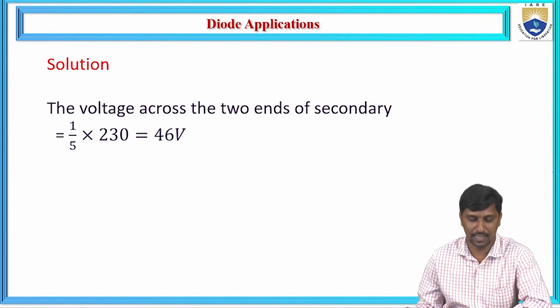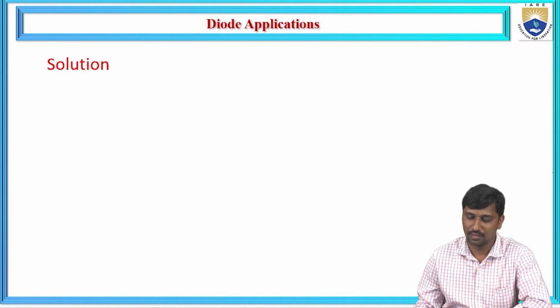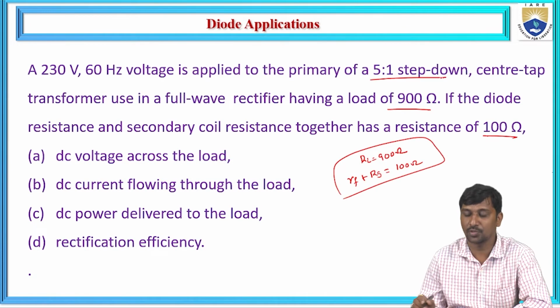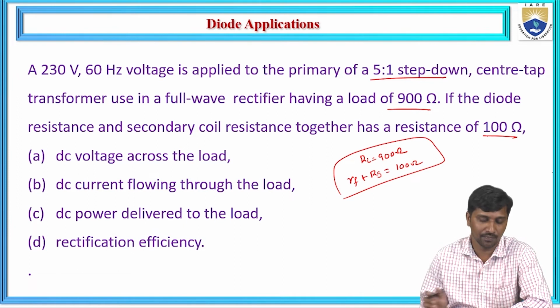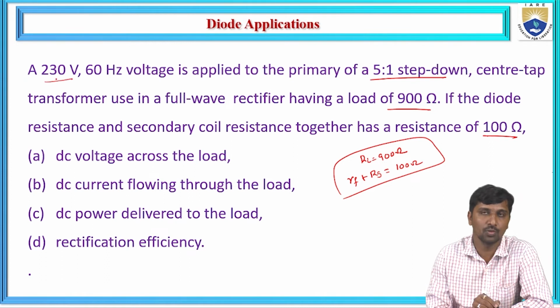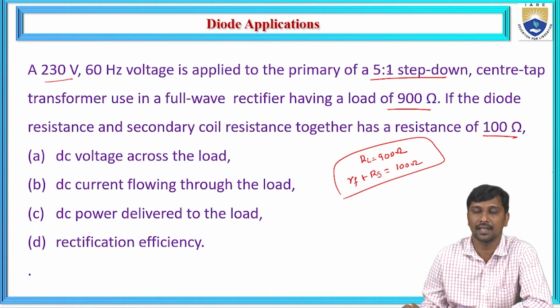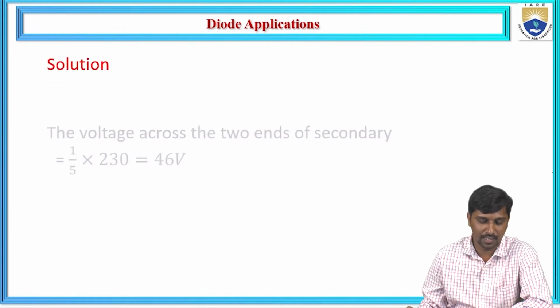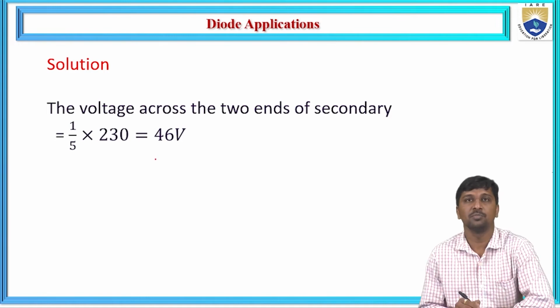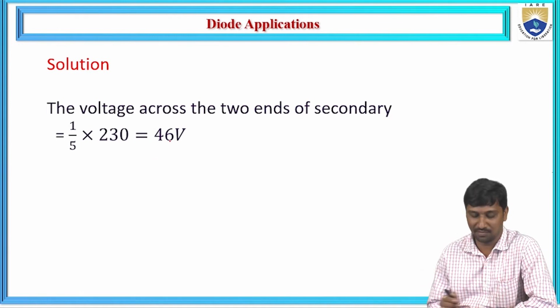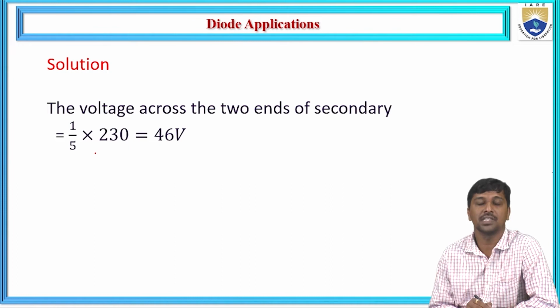So first I'm going to calculate, since it is a 5:1 step down, what is the voltage across the secondary winding. The primary winding voltage is 230 volts. Now we need to calculate how much RMS voltage will appear across the secondary winding based on the number of turns.